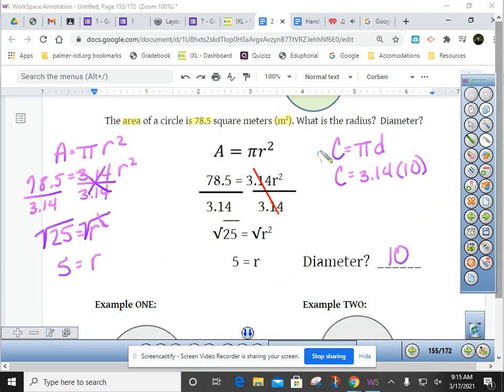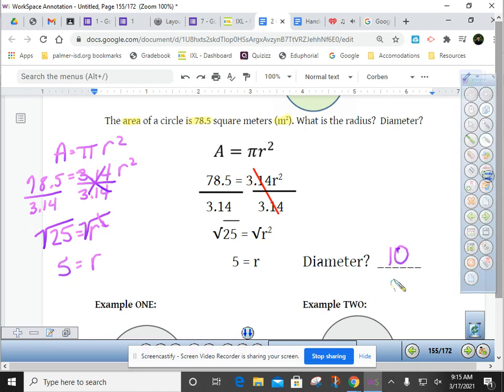So this is what you have written on your paper, right? If I said to you, what is the circumference? What would you write down? C equals pi d. What is the diameter? 10.